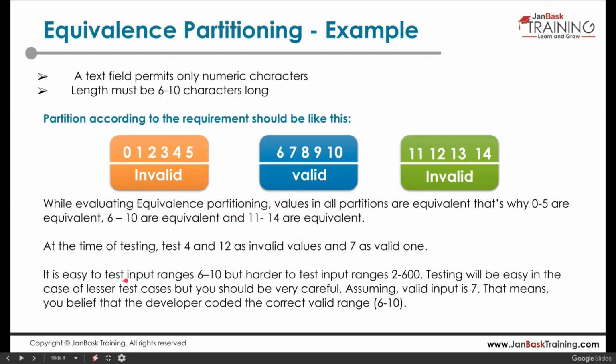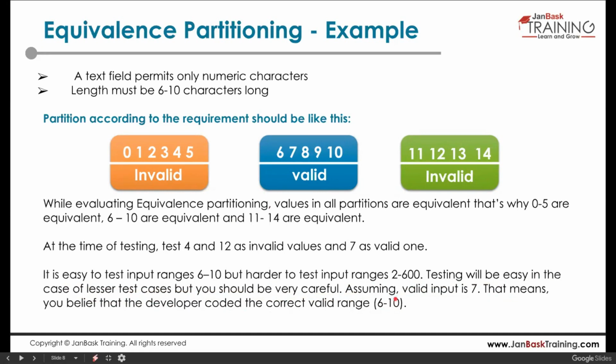It is easy to test input ranges 6 to 10, but harder to test input ranges 2 to 600. Testing will be easy in case of fewer test cases, but you should be very careful. Assuming valid input is 7, that means you believe the developer coded the correct valid range between 6 to 10.